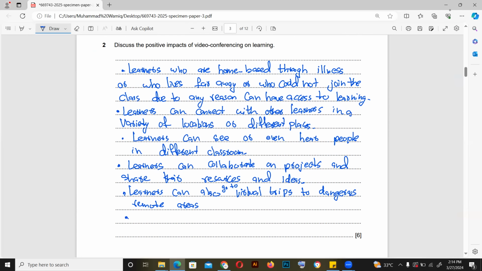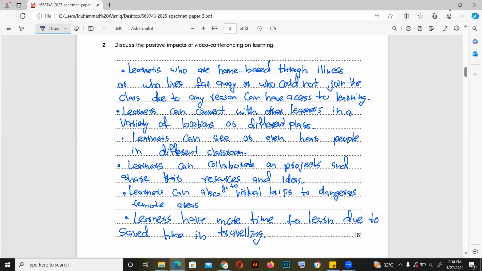Another point I need to mention here. Learners have more time to learn due to saved time in traveling.